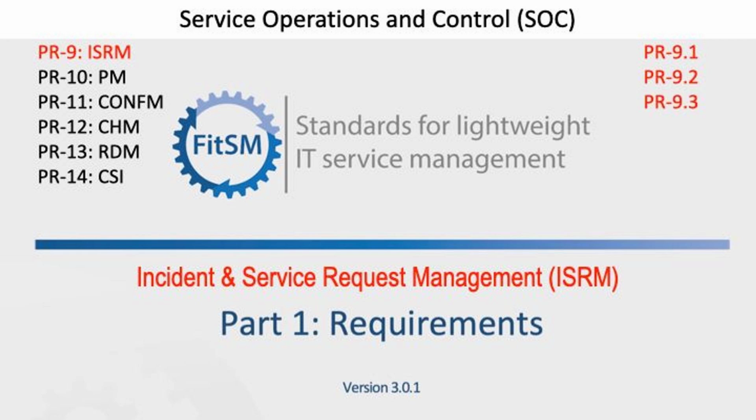PR 9.3 Functional and hierarchical escalation of incidents and service requests shall be carried out in a consistent manner. PR 9.4 Customers and users shall be kept informed of the progress of incidents and service requests as appropriate.